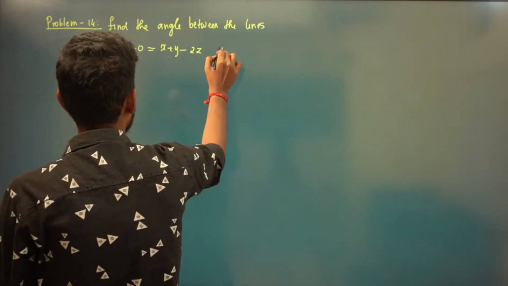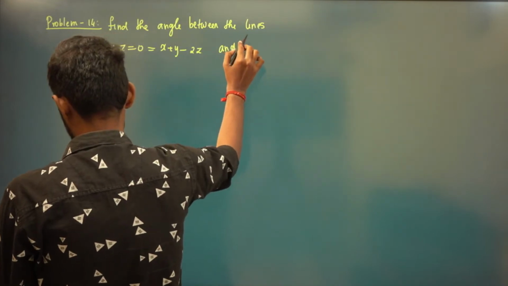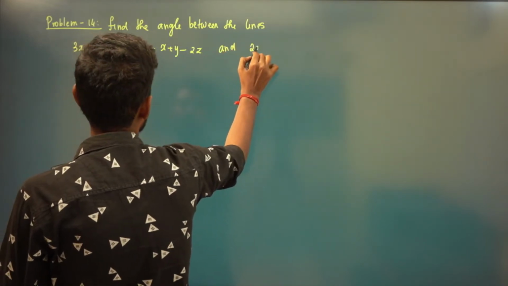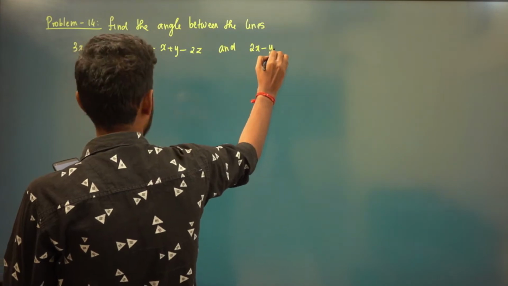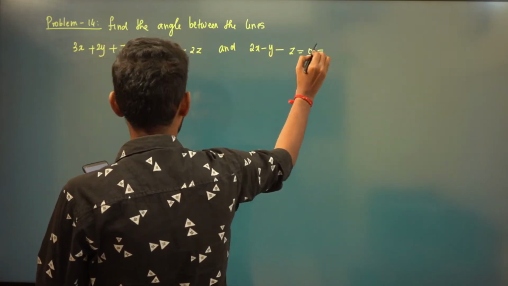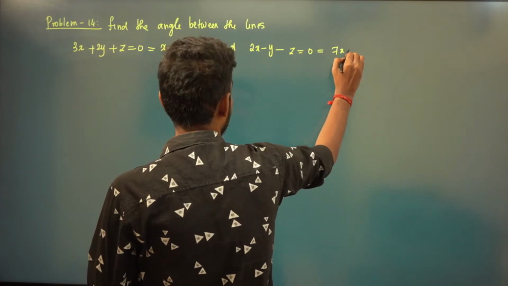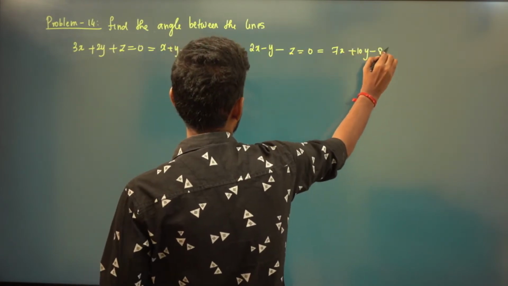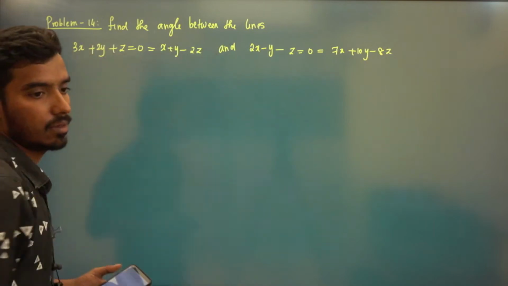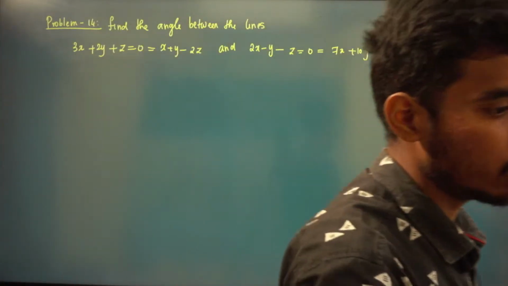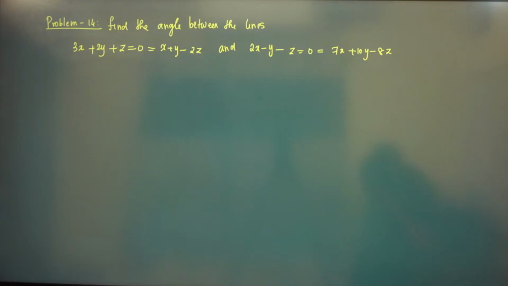And they have given one more line, 2x minus y minus z is equal to 0, and it is equal to 7x plus 10y. Don't get confused, right? So take this as two separate planes P1, P2 by equating every term to 0.